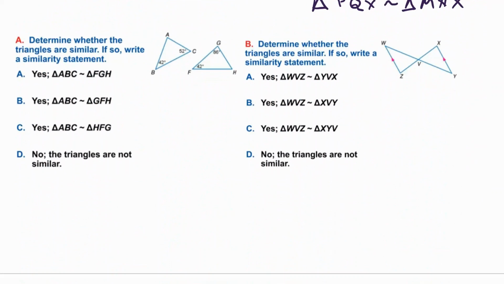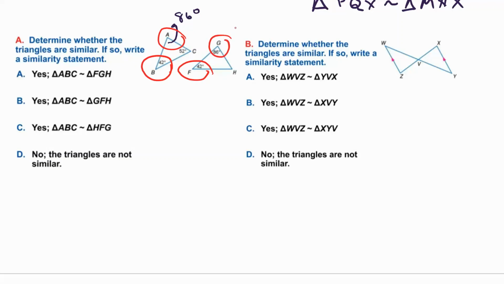Doing problem A, we have that B and C are 42 degrees and 52 degrees. Adding those together and subtracting from 180 would give us that A is 86 degrees. So we have angle B and angle F, and angle A and angle G are congruent.